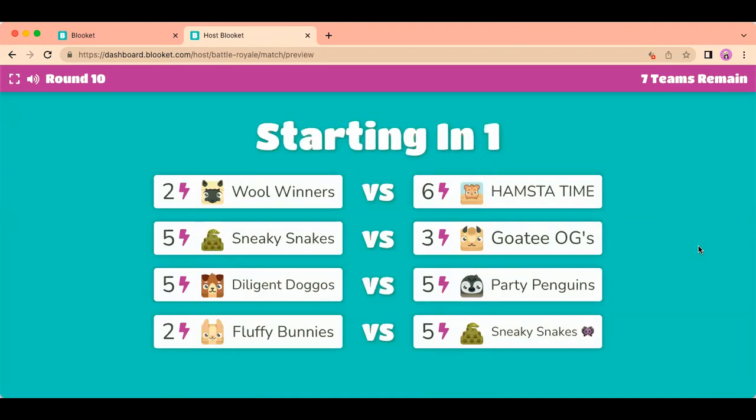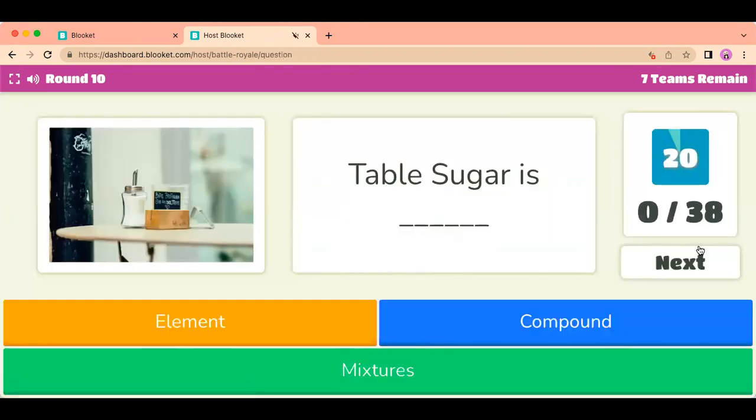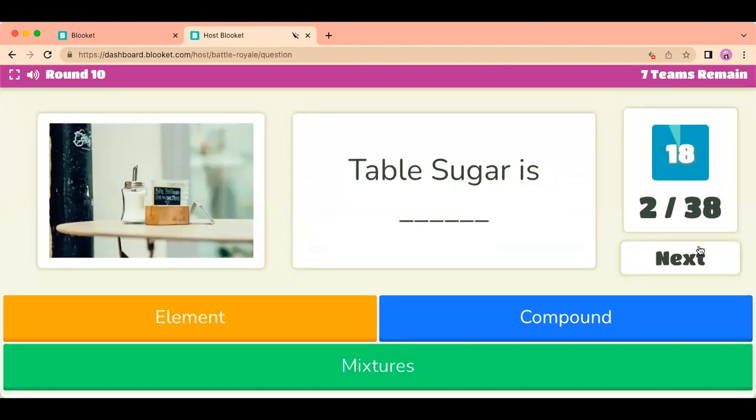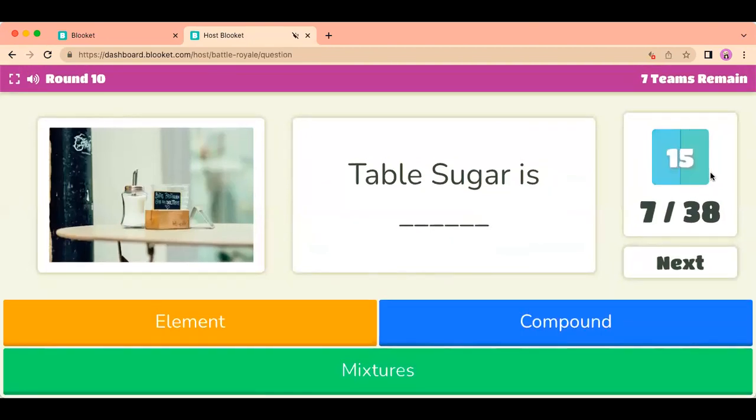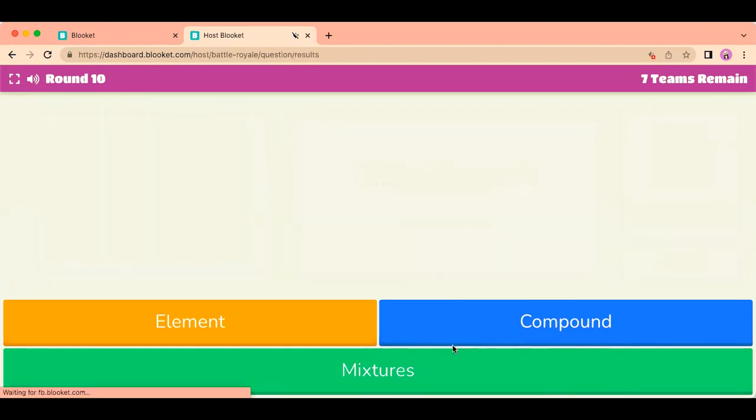The Winners and Fluffy Bunnies, you are in a very dangerous position. Table sugar, remember last time we went through the symbol for sugar. So what is the sugar formula? Or is it a mixture or compound?